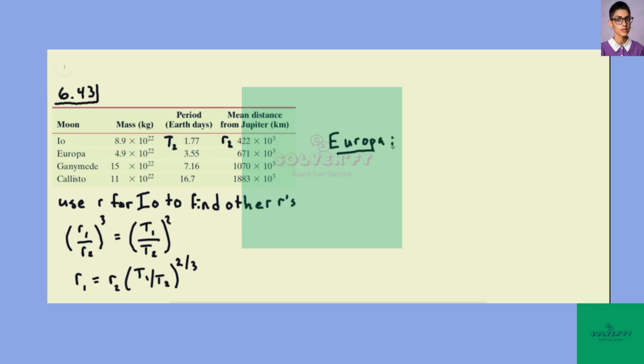So for Europa, we put in its period, 3.55, into this, and we get 671 times 10 to the third kilometers, which agrees with the table. So far, so good.